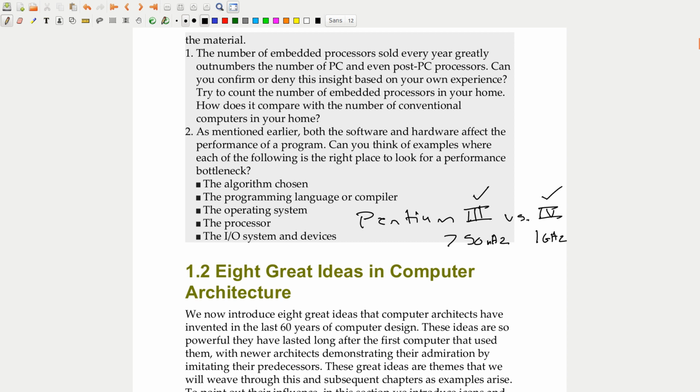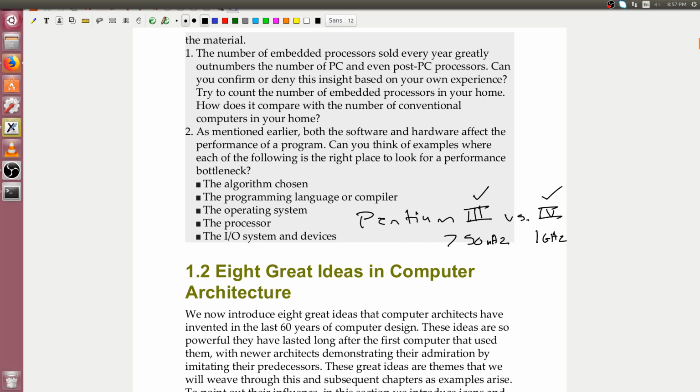SATA versus M2. What's M2? I know what SATA is. Let me look it up. I'm guessing by the interface. Let's see. Are all M2 drives NVMe? No, M2 is just a form factor. So I don't think that's a very good comparison.